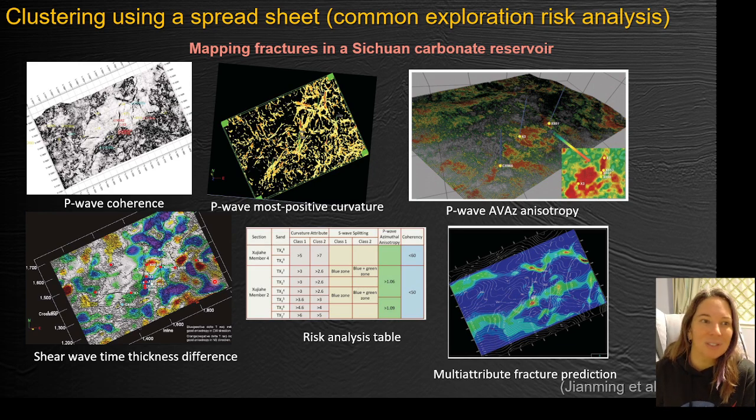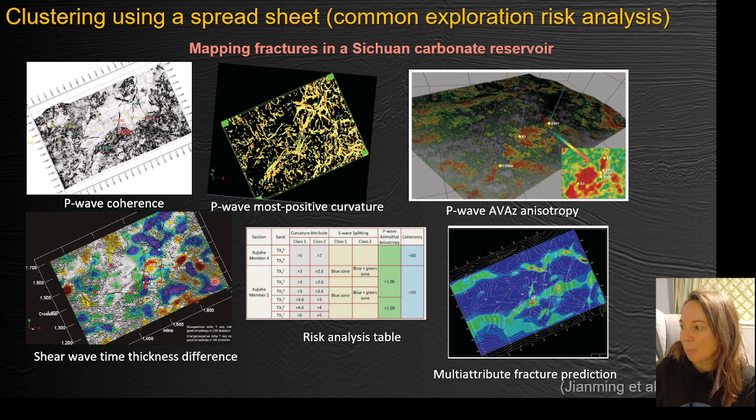This is maybe more of an old school way, but it's very common in exploration risk analyses. This is a quick example where we're using the attributes and correlating them to the underlying geology.